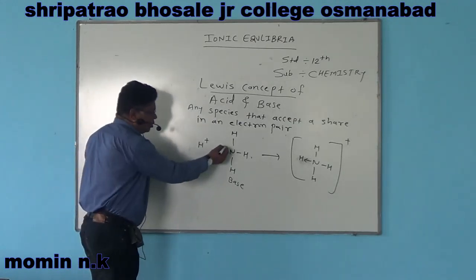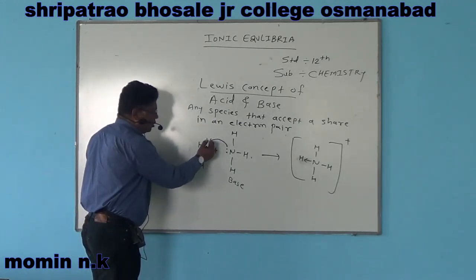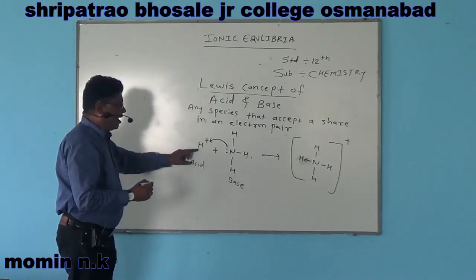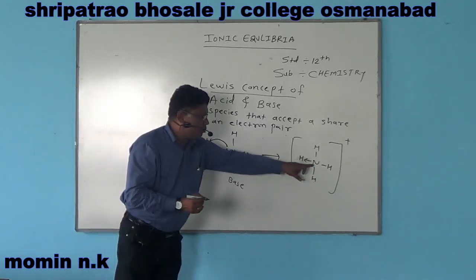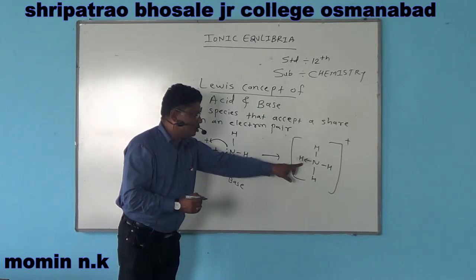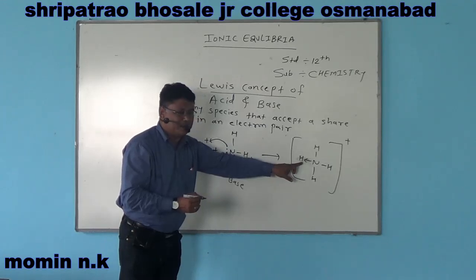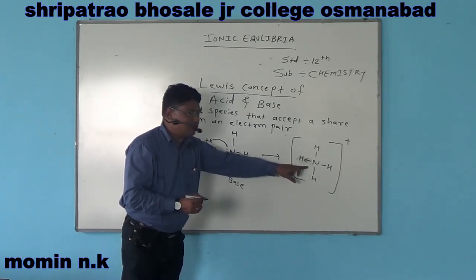So here this proton or H plus accepts a share in an electron pair and forms the bond between this nitrogen and hydrogen, denoted by an arrow pointing towards the electron acceptor. That bond is called a coordinate covalent bond.